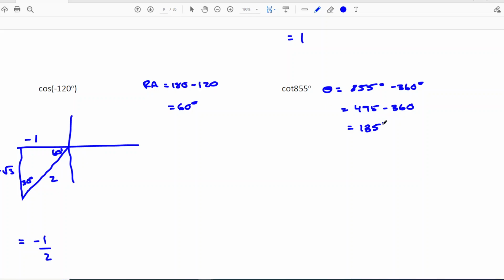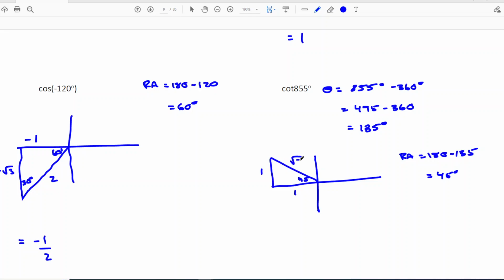So really, me telling you to find the cotan of 855 is the same as me telling you to find the cotan of 135. Now 135 I happen to know is in quadrant 2. So to find the reference angle, I'm going to do 180 minus 135, which is 45 degrees. So again, it's my 1, 1, root 2 triangle.